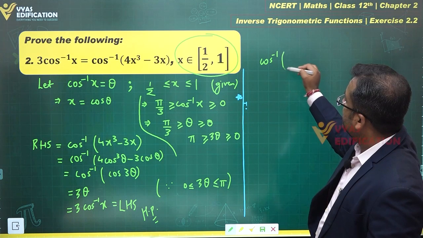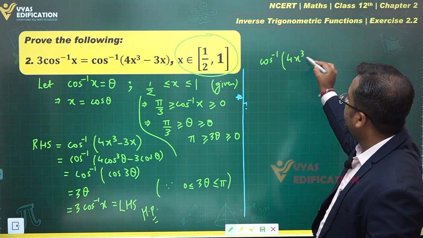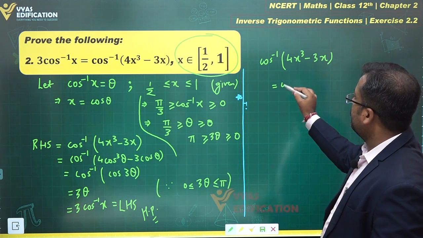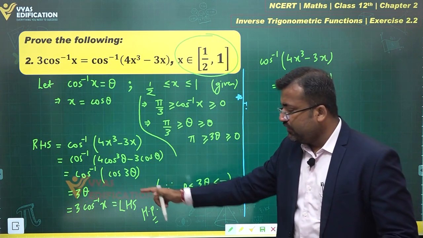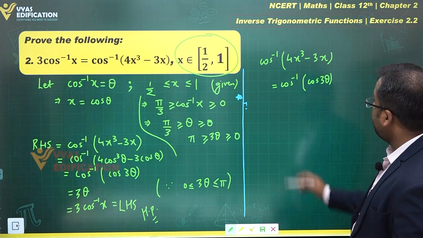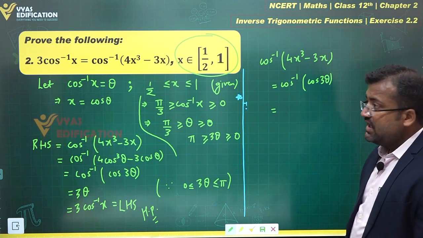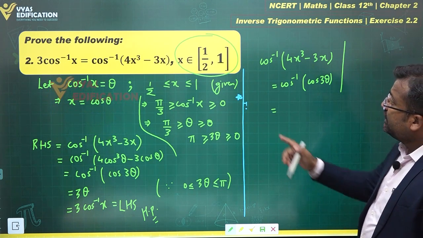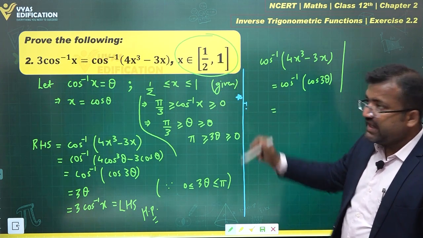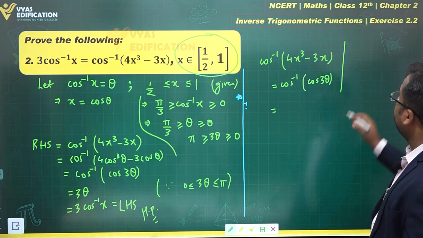Cos inverse of 4x cube minus 3x will be equal to cos inverse cos 3 theta, as we have solved over here. And what will 3 theta be equal to? This will be equal to various things depending upon the values of 3 theta. Now in this interval you are given that x belongs to 1 by 2 comma 1.